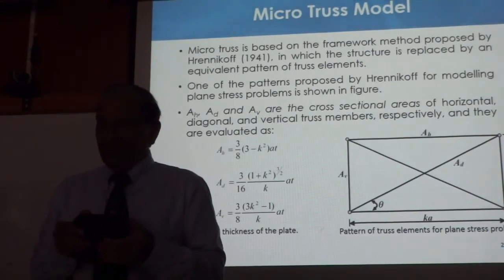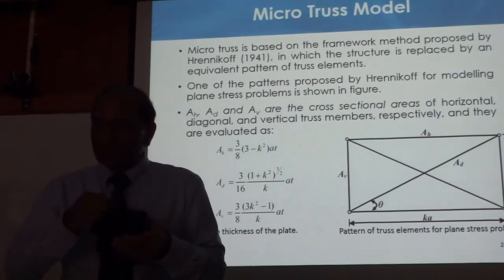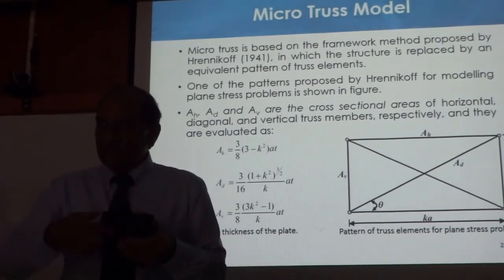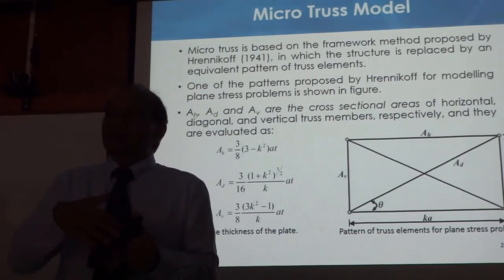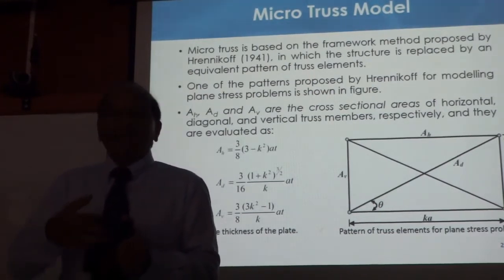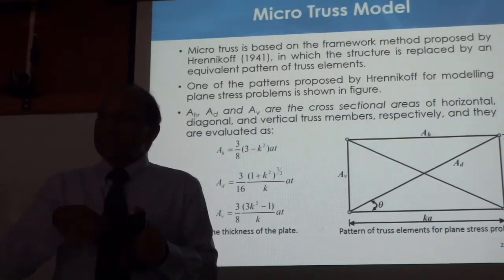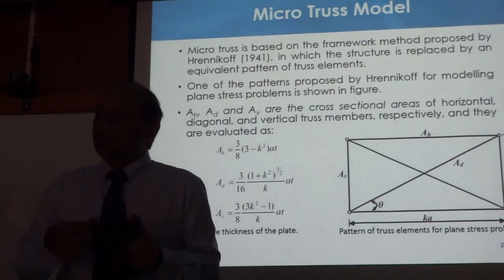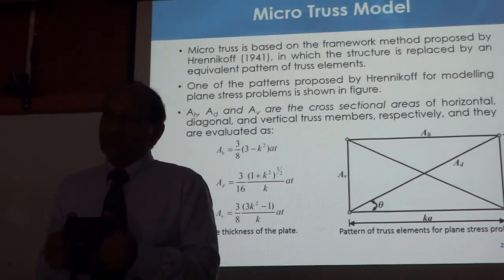But on the other hand, if I assume that these are all pins on the corner, and there are two diagonals inside, and when I bend it, one of the diagonals is going to be in tension, one of the diagonals is going to be in compression, then I can find approximately the stresses inside this area. I can find the force in the middle of this plate, which otherwise would not be possible, right?